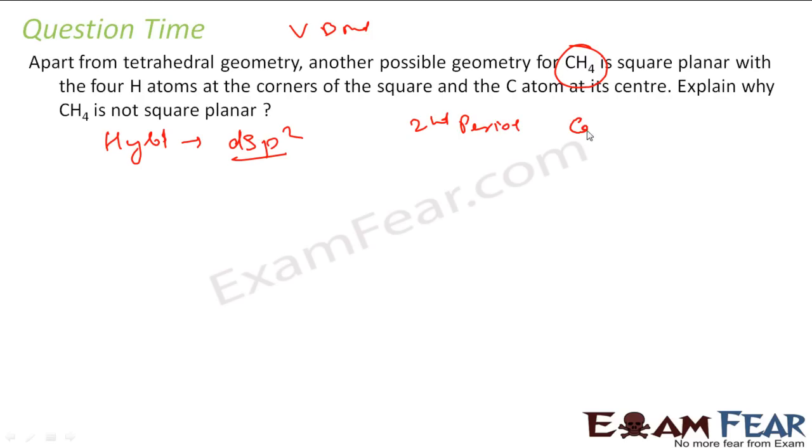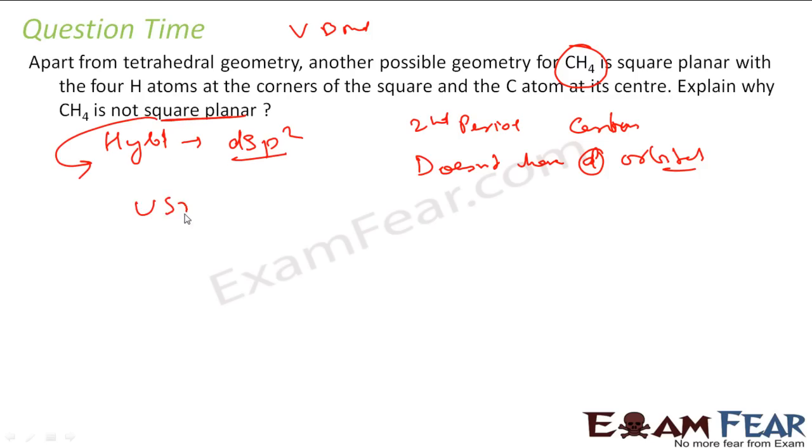It doesn't have d orbital, correct? Since d orbital is not there, dsp2 hybridization is not there. If dsp2 hybridization is not possible, square planar is not possible, right? Because for it to be square planar, hybridization has to be dsp2.